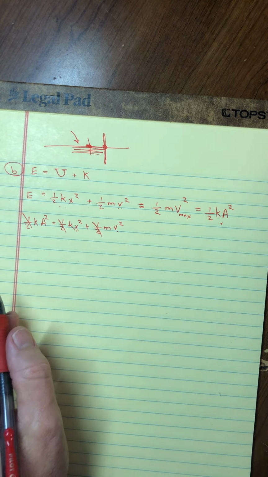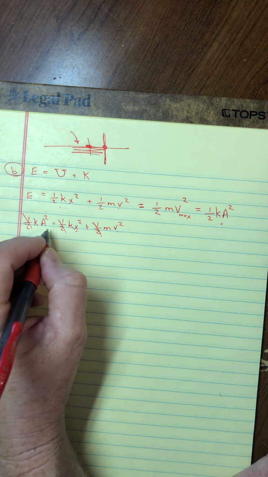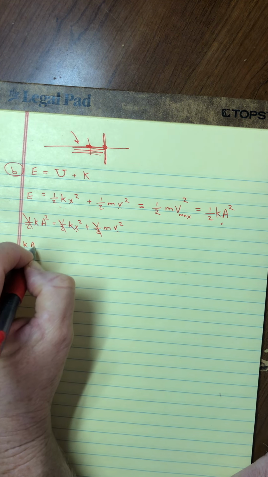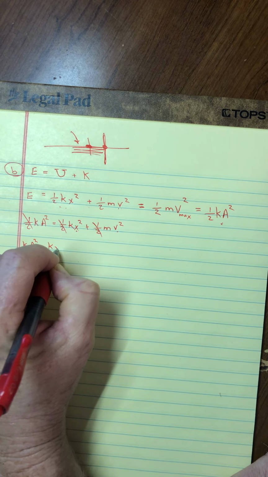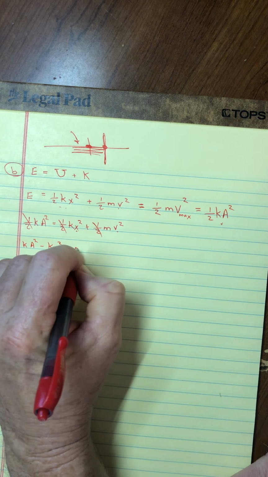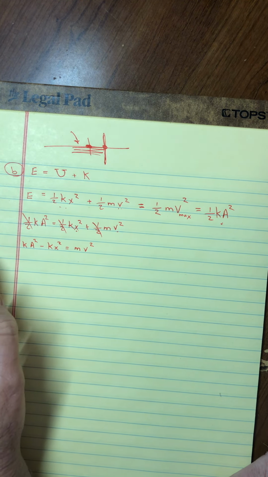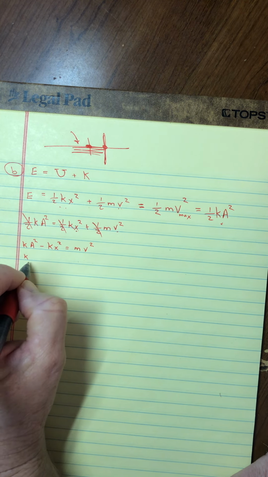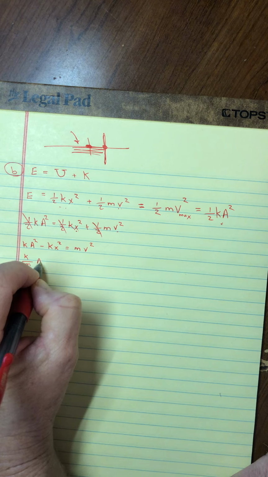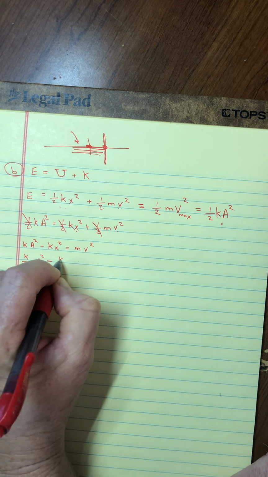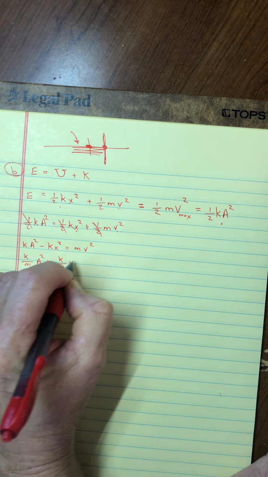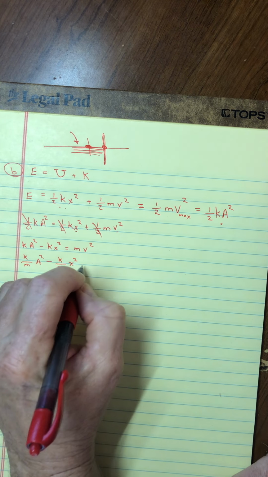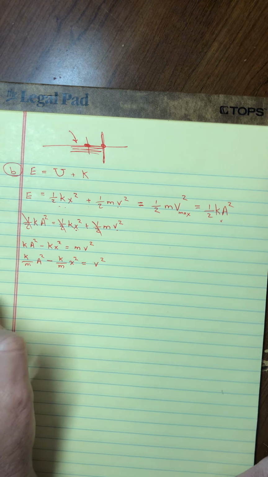All right. So I'm going to write this as k a squared minus k x squared equals m v squared. Maybe I'll even move the m to the other side and get v squared.